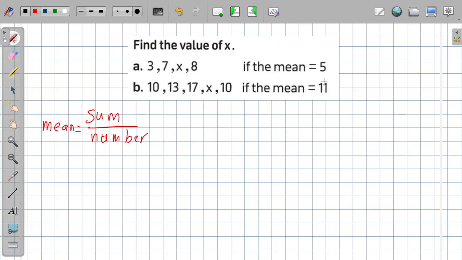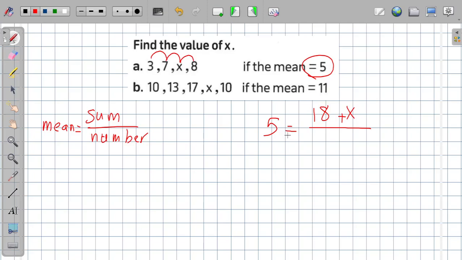So in the first one, I have the mean equals 5, so I will write 5. The sum of all of these numbers, I have 3 plus 7 plus 6 plus x plus 8, so it will be 3 plus 7 equals 10, and 10 plus 8 equals 18. So I think that the numerator here will be 18 plus x.